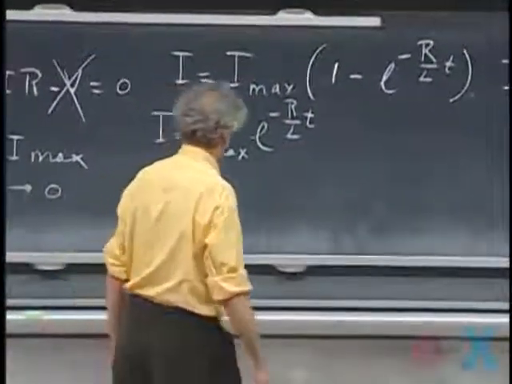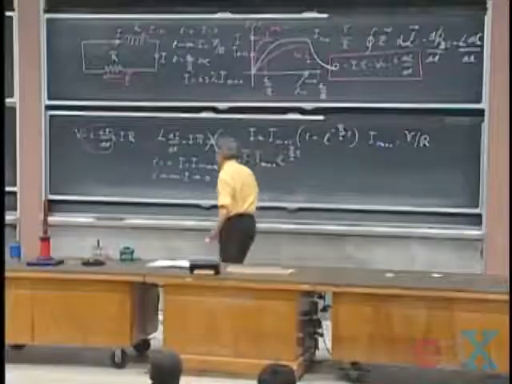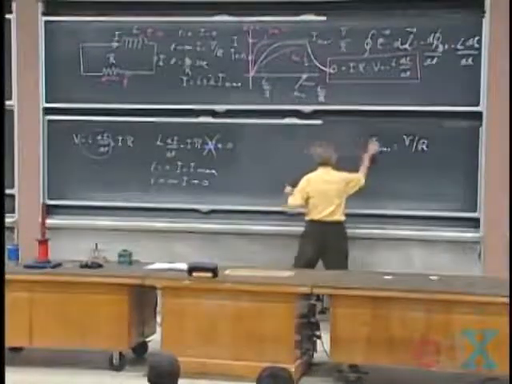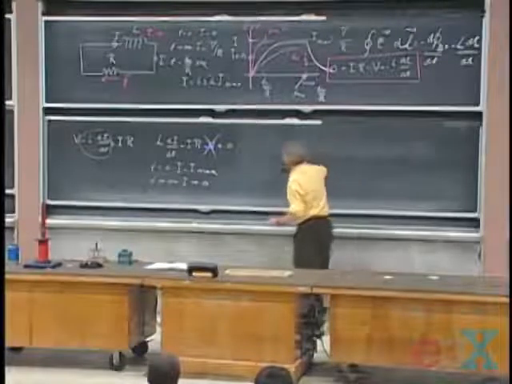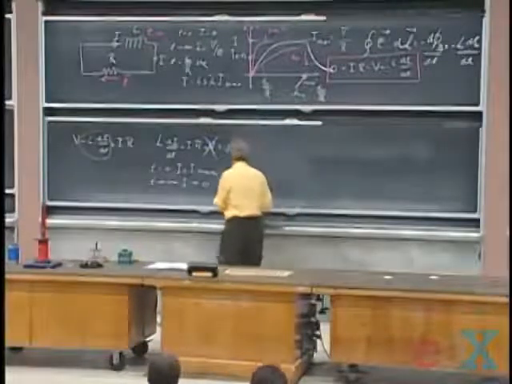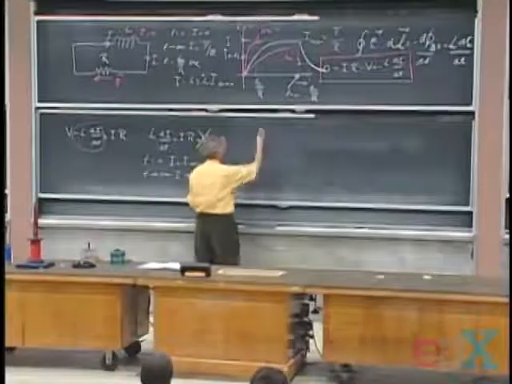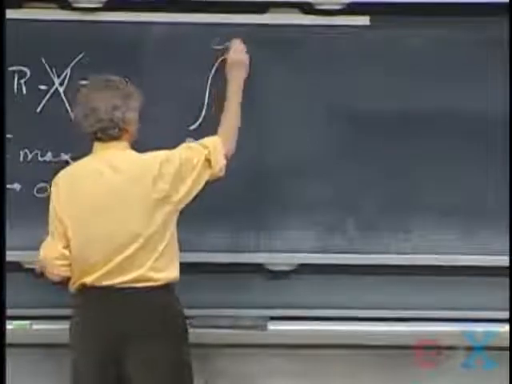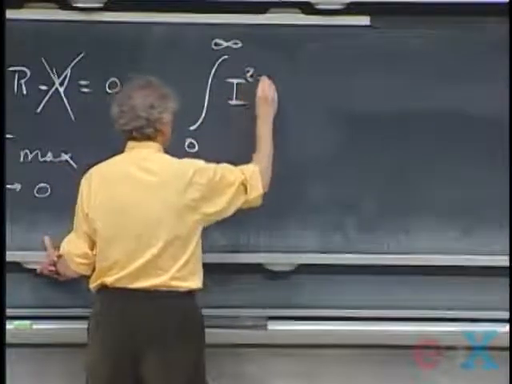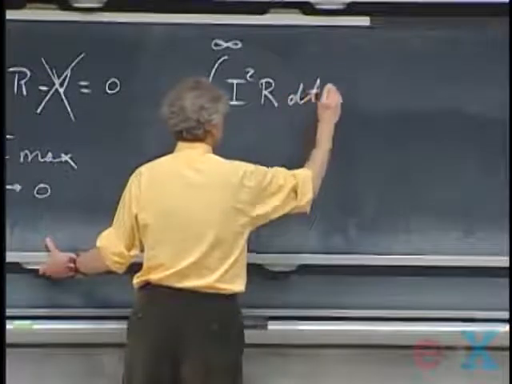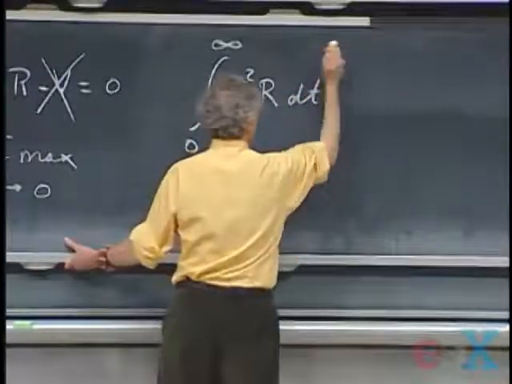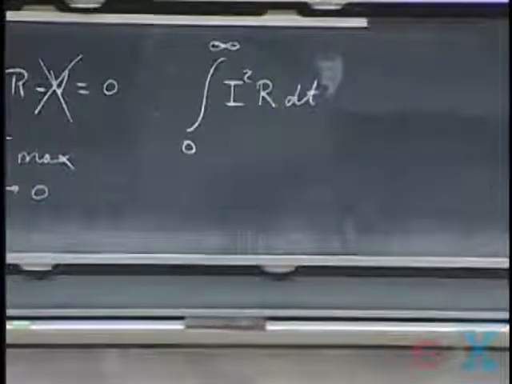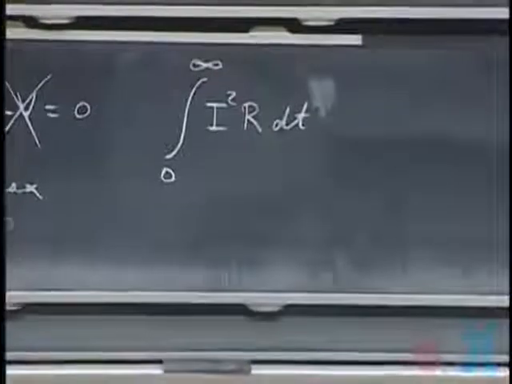I'll have to erase something. I will erase this part here. So at any moment in time, the current is producing heat in the resistor. And so if my voltage becomes zero at time t equals zero, then this is the amount of heat: I square R dt integrated from 0 to infinity is the total heat that is produced as the current dies out.